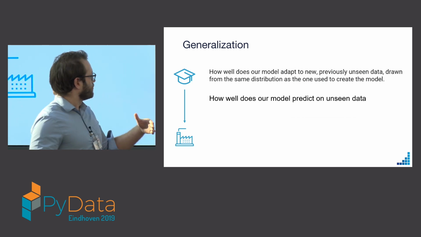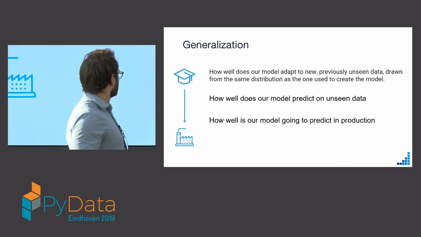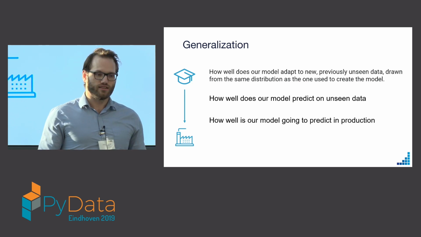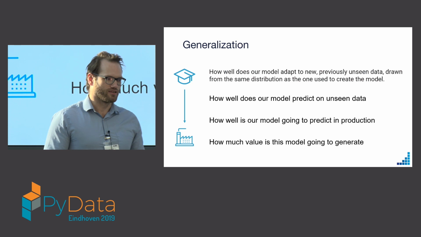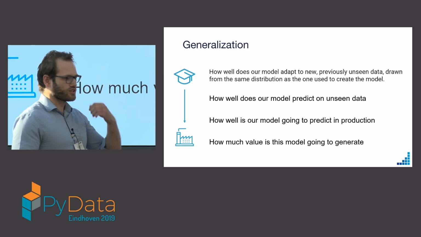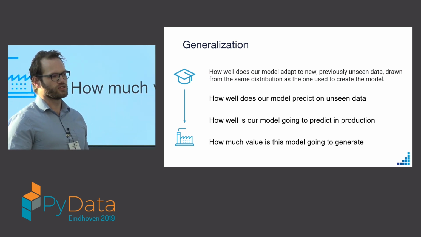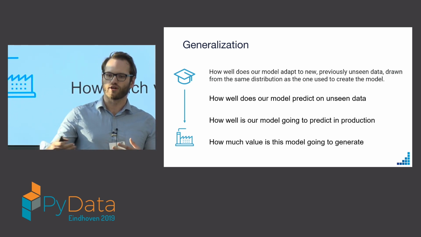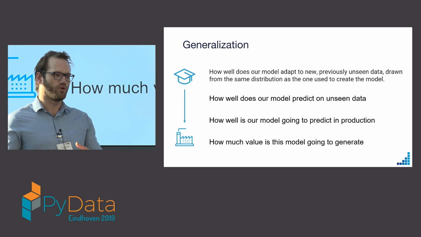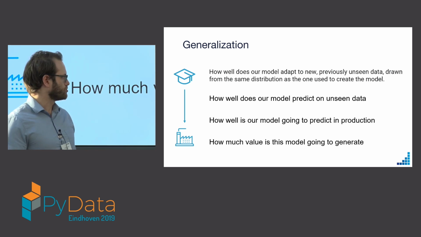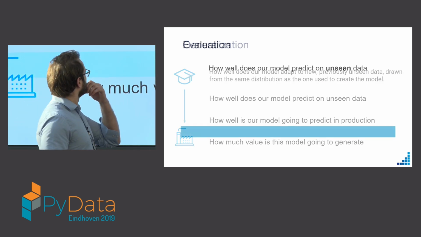And then it goes, okay, how well does our model predict on unseen data? How well is our model going to predict in a production environment? Or maybe your manager, how much value is this model going to generate? So this is kind of the question that we're interested in. So we want to try to simulate how we're going to actually use this, and that simulation is the reason to see how well we're going to do.